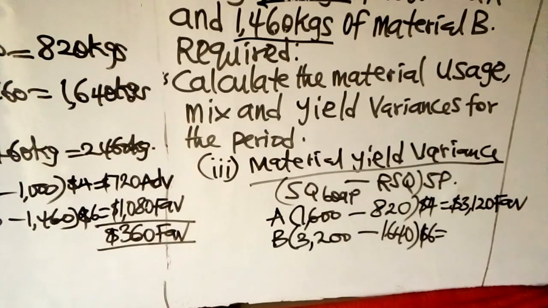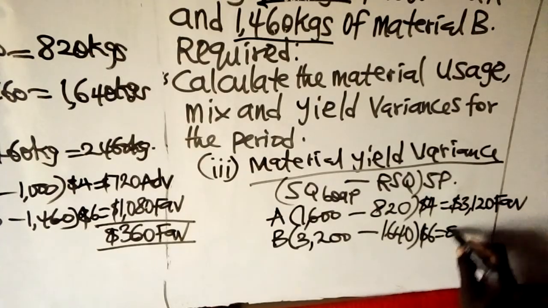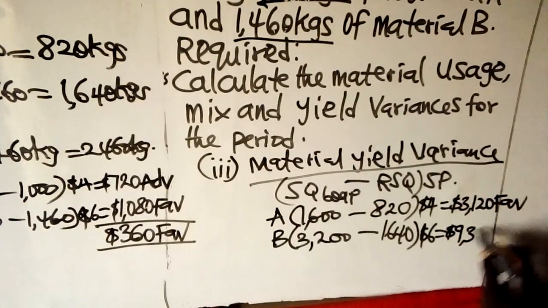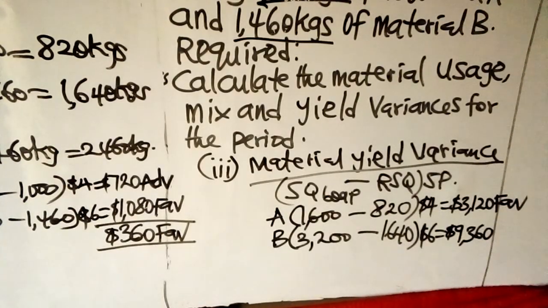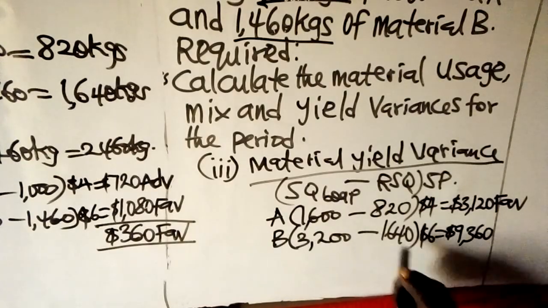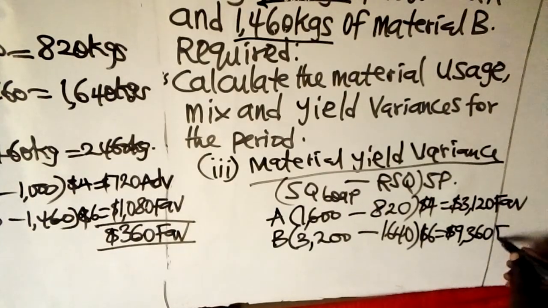Then 3,200 minus 1,640, then you have the difference of 1,560 times $6, then you have 9,360, which is also favorable because less materials were used than planned. 9,360 favorable.